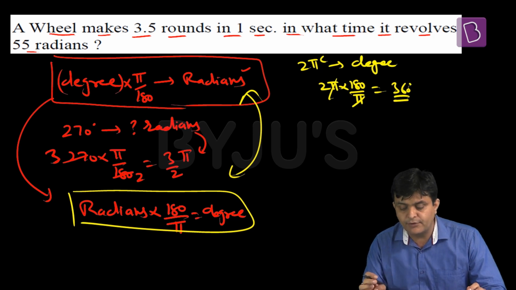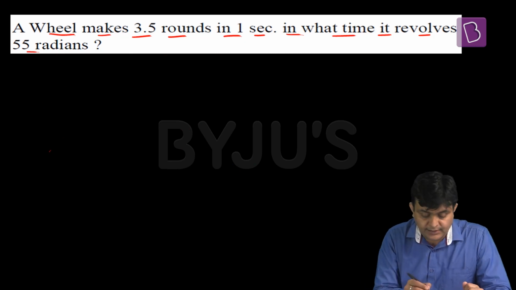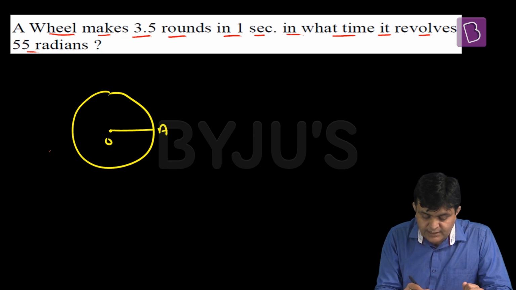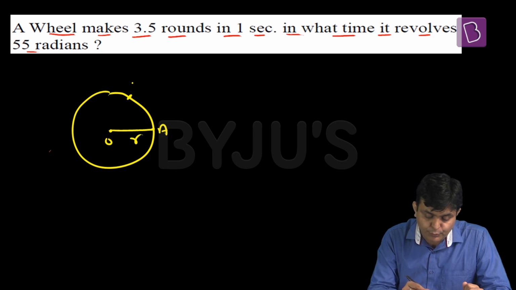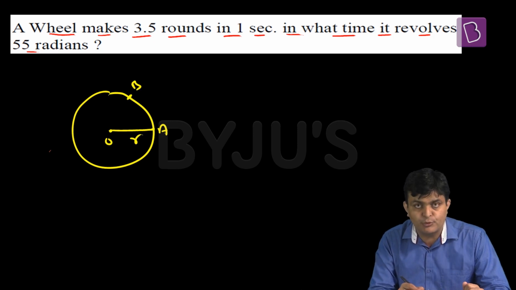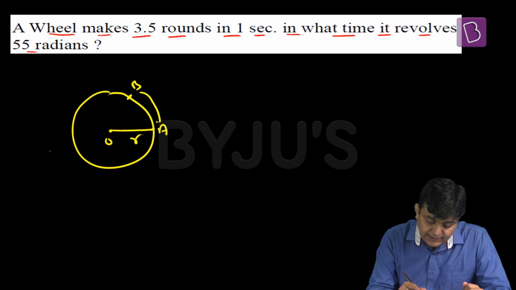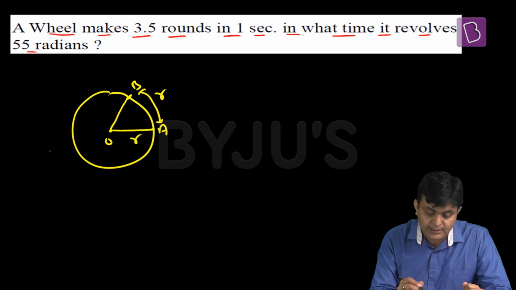And we know the value of radian. Now see, what's the definition of radian? Let us consider a circle with the center O and OA is radius, right? From point A move to point B such that the arc length is R. Join OB.